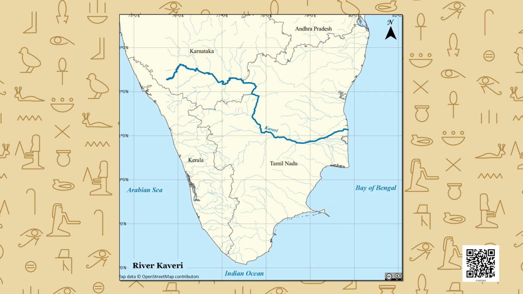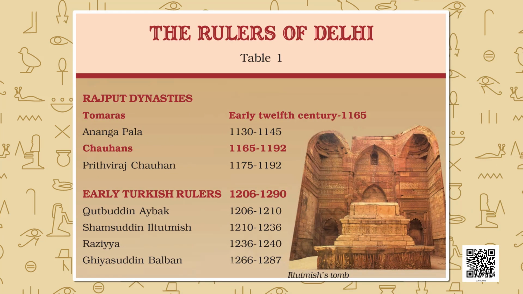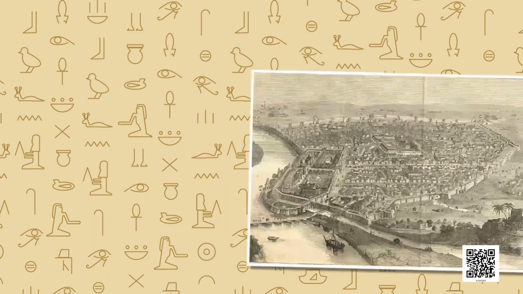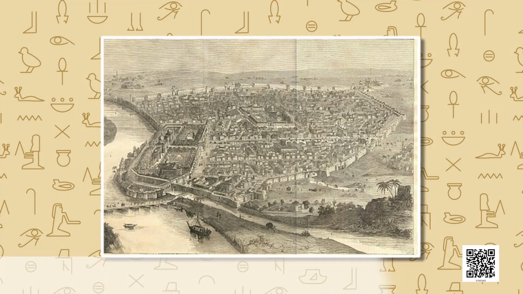Take a look at table 1. Delhi first became the capital of a kingdom under the Tomar Rajputs, who were defeated in the middle of the 12th century by the Chauhans, also referred to as Chahamanas of Ajmer. It was under the Tomars and Chauhans that Delhi became an important commercial center.